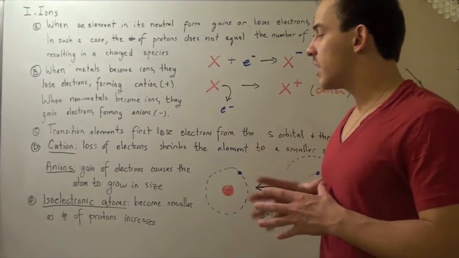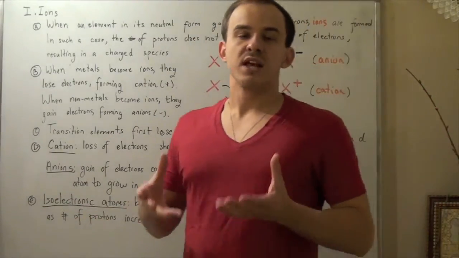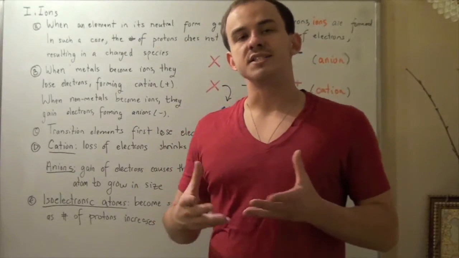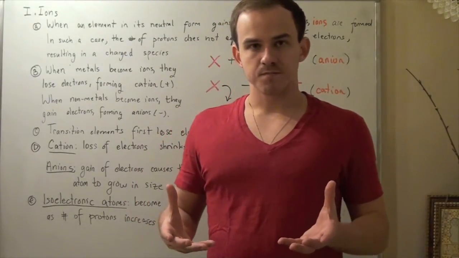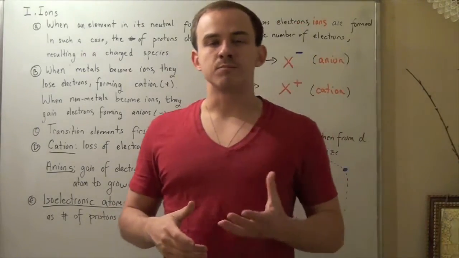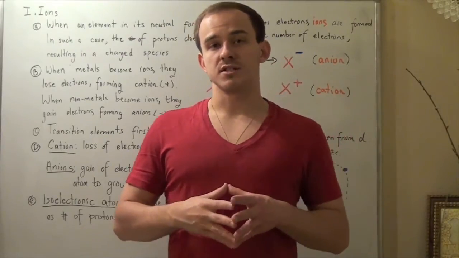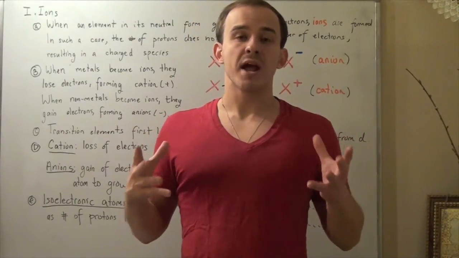Now let's look at one last thing. Isoelectronic atoms are those atoms that have the same number of electrons but a different number of protons. Suppose we have an atom with 10 electrons and 10 protons, and an atom with 10 electrons and 11 protons. What is the size comparison?